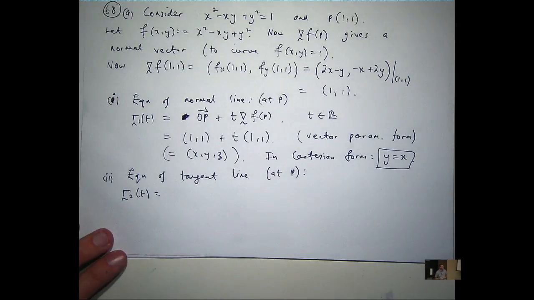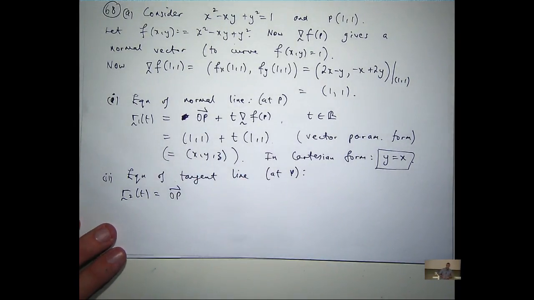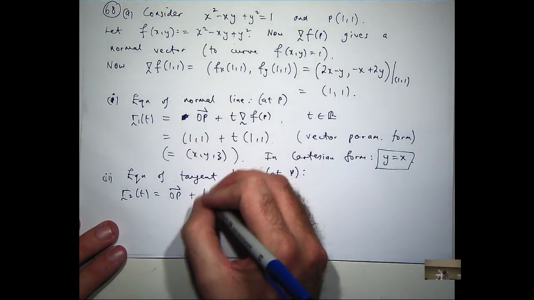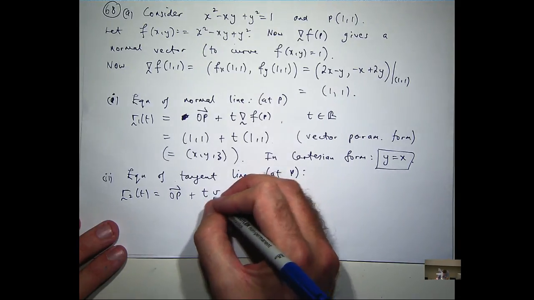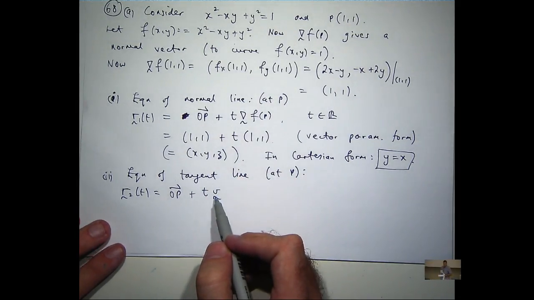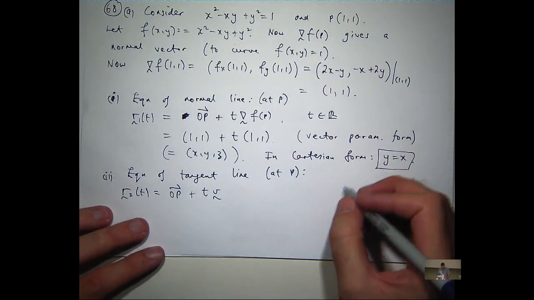Okay, so what do you need for the equation of a line? You need a point on the line and its position vector. Well, that'll be that, plus t times some vector v, where this vector v is a vector that's parallel to the line. Now, what do we notice?